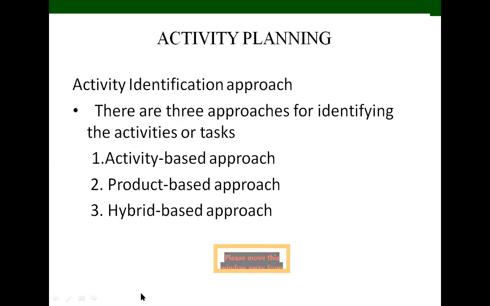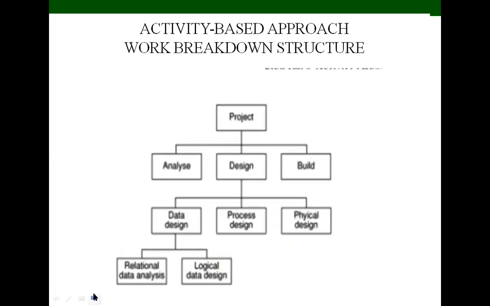So first of all we move to the activity based approach. This activity based approach consists of creating a list of all activities that the project is thought to involve. So here, a brainstorming session involving the whole project team, and also the analysis of similar past projects.